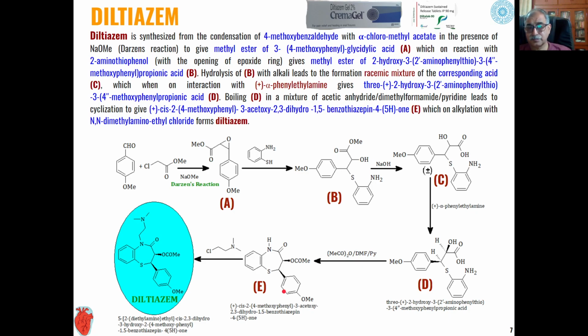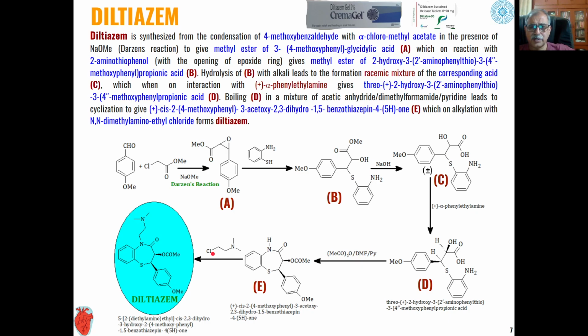And then this 1,5-benzothiazepine ring derivative formed by this step leads to the formation of the drug when it is alkylated with N,N-dimethylaminoethyl chloride.